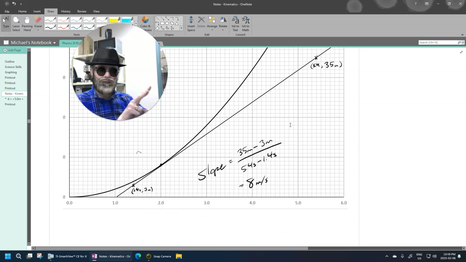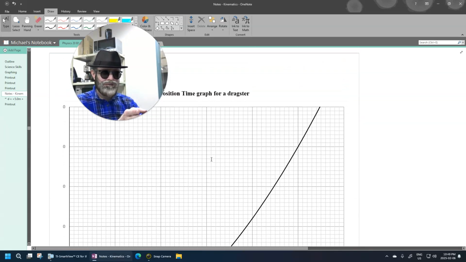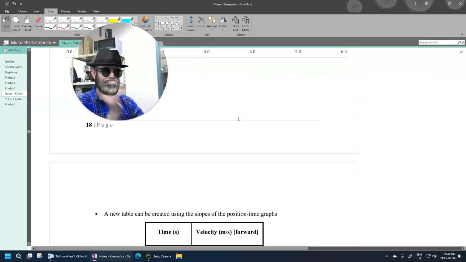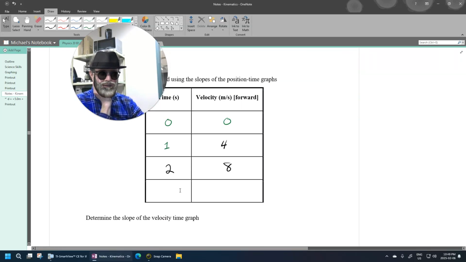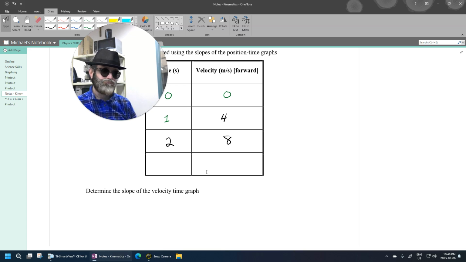One at time 3, one at time 4, maybe time 5, and you're going to put them in this chart here. Then using this chart, we're going to create a velocity time graph, and from there, determine the slope of that velocity time graph. I'm going to leave that up to you, so I want you to try that.